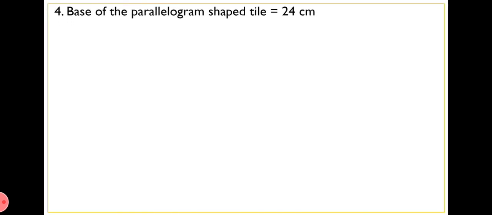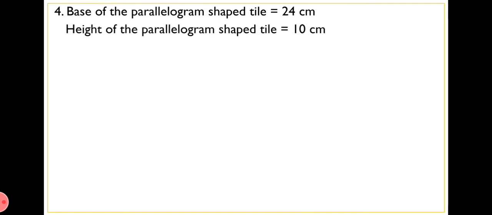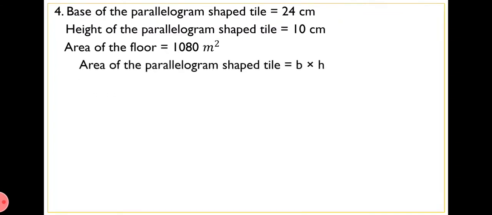Now base of the parallelogram shaped tile is given as 24 centimeter and height is given as 10 centimeter. Area of the floor is given as 1080 meter square. Now you can see that base and height of the tile are given in centimeter and floor area is given in meter. So we have to find the area of one tile in meter only. Area of one parallelogram shaped tile equal to base into height.